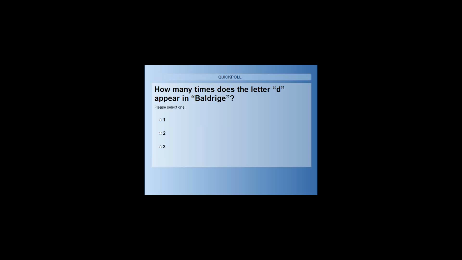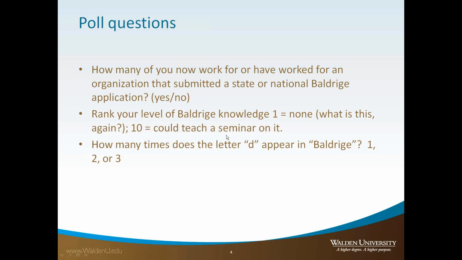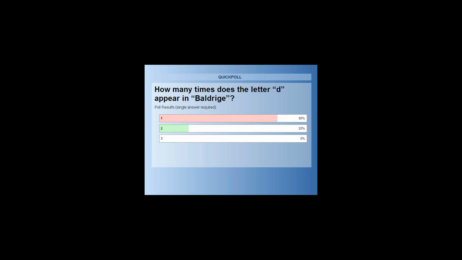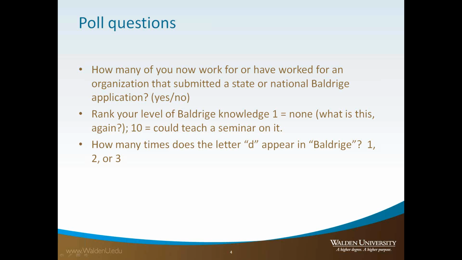But we put that up there because a lot of times people put a second D right before the G in Baldrige, and for those of us who are very dedicated to this, we're very clear that there's one D in Baldrige, and it's kind of a sign unto us when people put that second D that maybe they need a little more education. So from here on out, if you learn nothing more, at least you'll learn that there is only one D in the name Baldrige. All right, I'm ready to move on to the next slide.